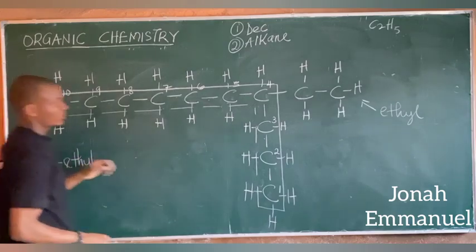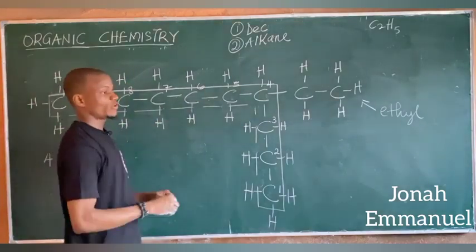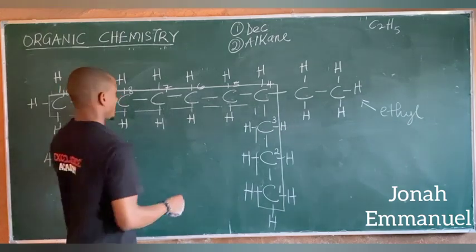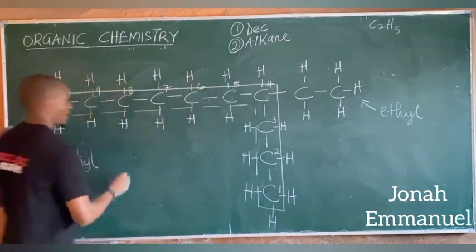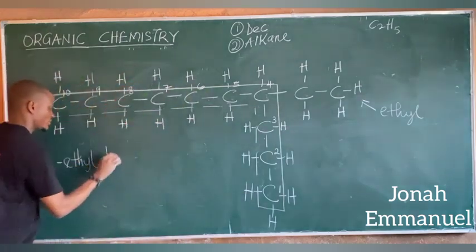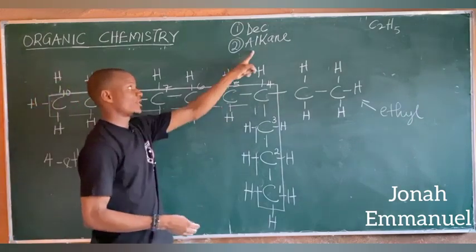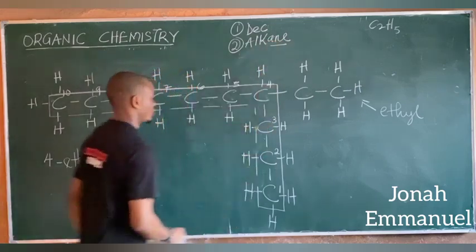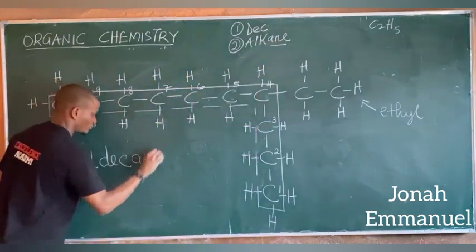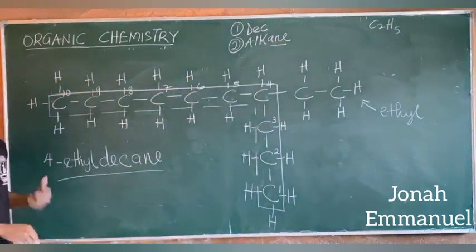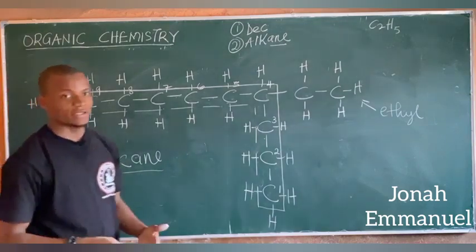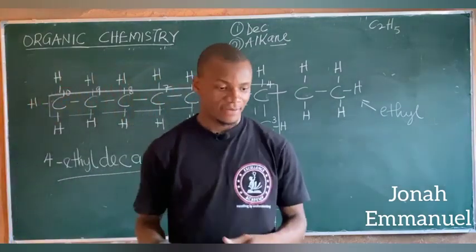Next up, name the major parent atom. For this, I had 10 carbon atoms. 10 was dec, so we call this dec. And then from the functional group, group 2 is an alkane. So I'll take out the ANE. I'll attach it here. So this compound is called 4-ethyldecane.